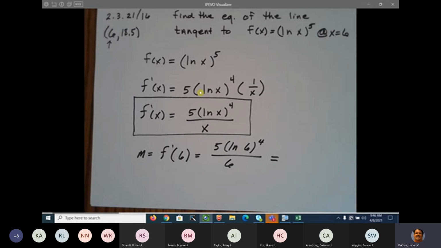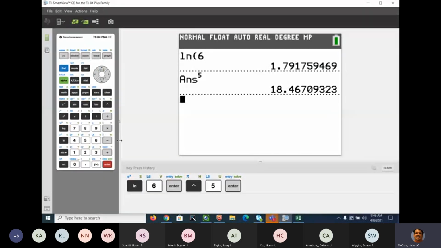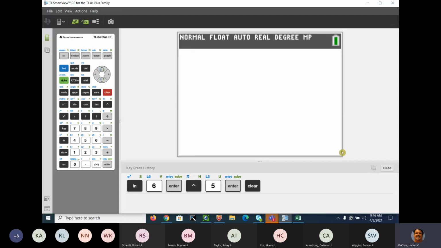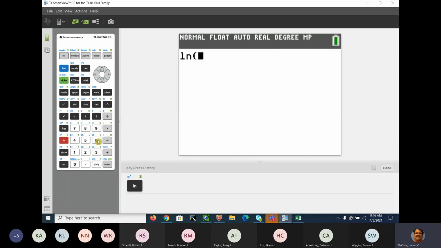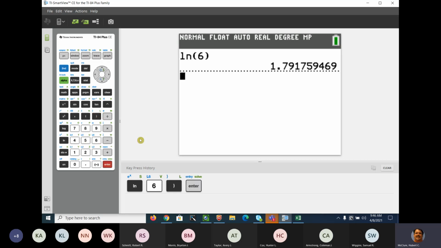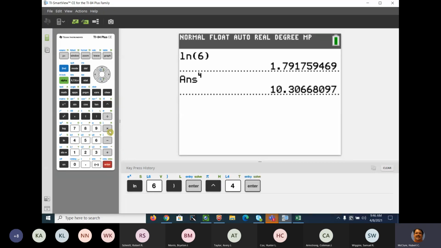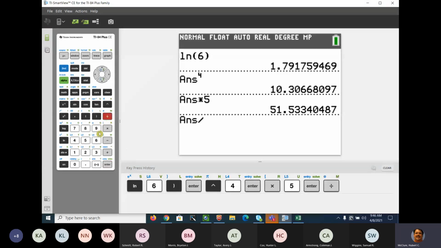So now I'm going to go to the handy dandy calculator, and I'm going to do clear and clear. Natural log of 6, close parentheses, raised to the 4th power, times 5, divided by 6. So my slope is equal to 8.59.